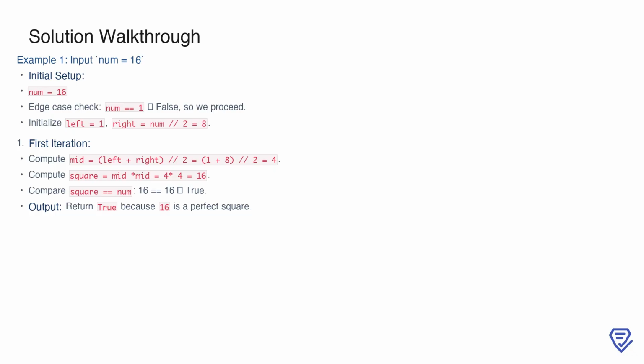Now, in the first iteration, we calculate the midpoint as mid equals (left plus right) // 2, which results in mid equals 4. Next, we compute square equals mid*mid, and here, 4*4 equals 16. This value matches our target number, so we can conclude that 16 is indeed a perfect square. Therefore, the function immediately returns true as the output, solving this example efficiently.